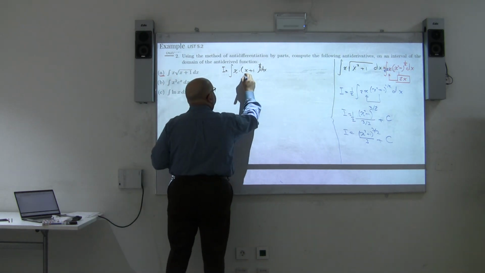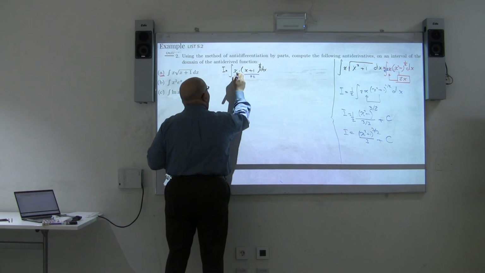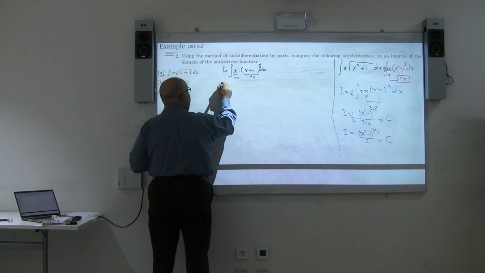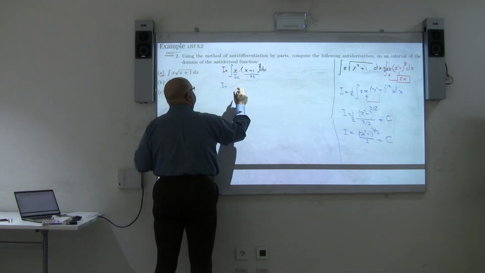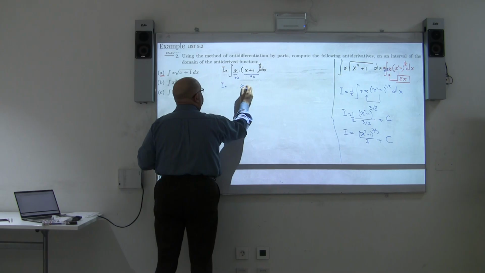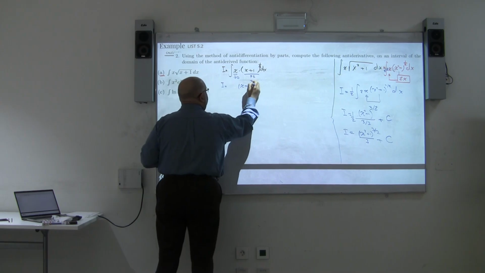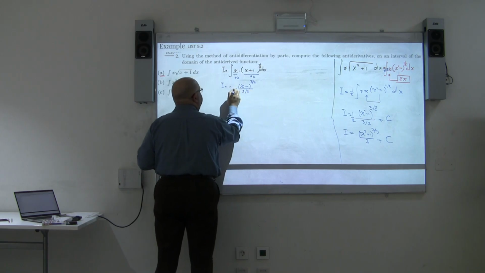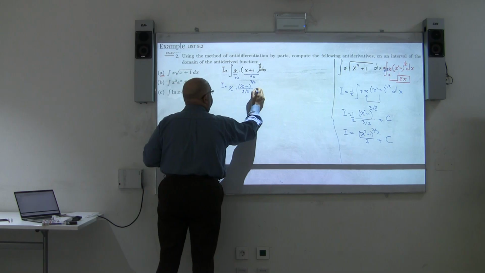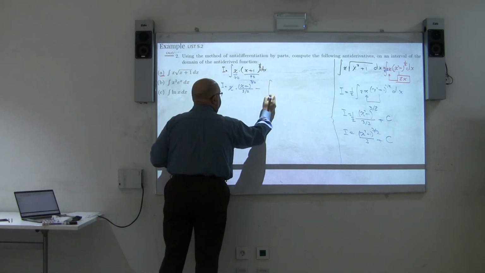So I will choose this part to be integrated and that part to be differentiated. So once more, I is going to equal, I will integrate this part, which comes to (x plus 1) to the power of 3 over 2 divided by 3 over 2, times the first part, which is x, minus integration.